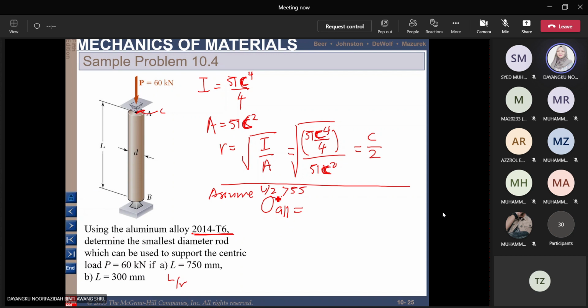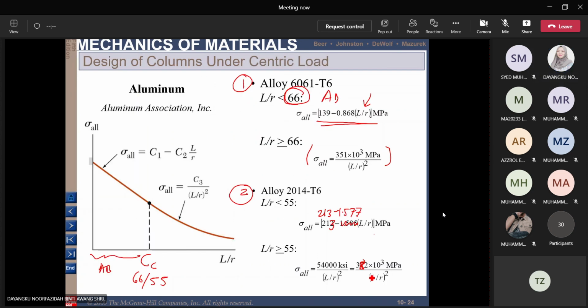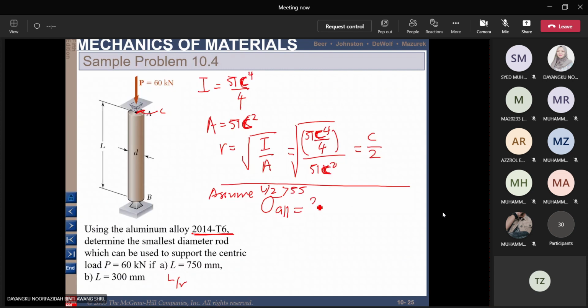Okay, so we can use our allowable stress equal to 372 MPa divided by L over R square. So we can use this one here, this equation here.